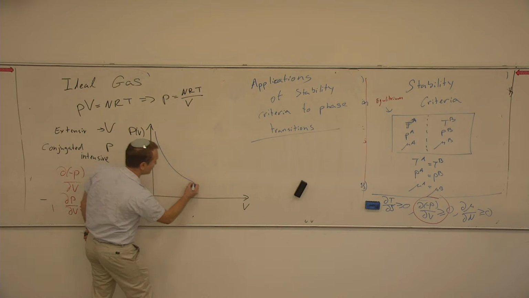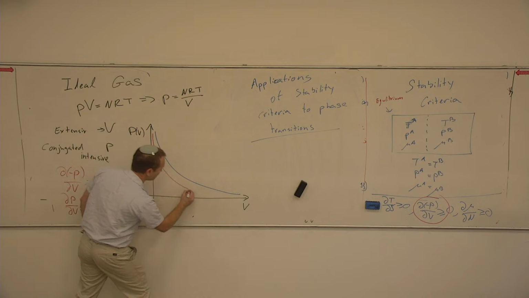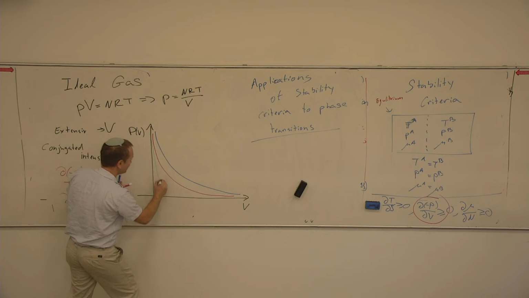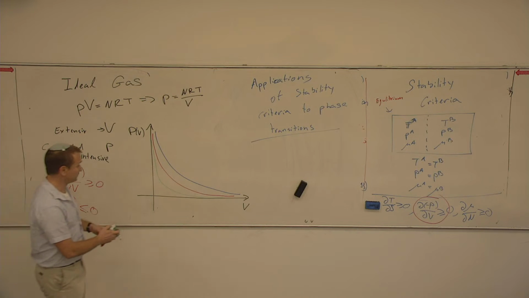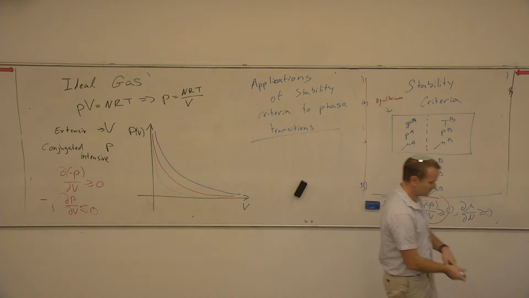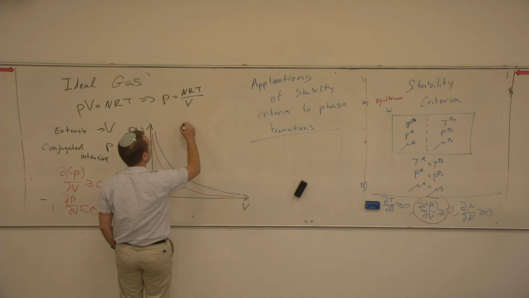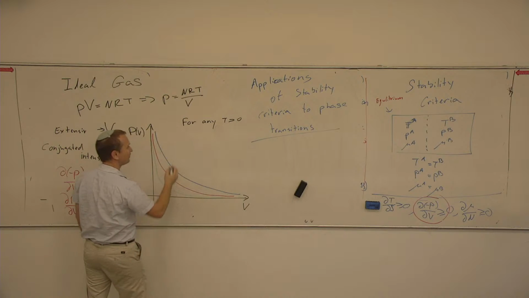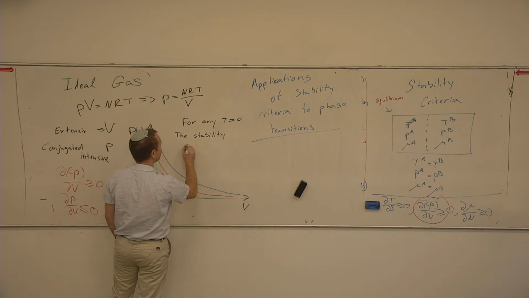So for different T's, the plot will always look the same. It's a decreasing function. Boring, decreasing function. And for any T greater than 0, the stability criteria is satisfied.